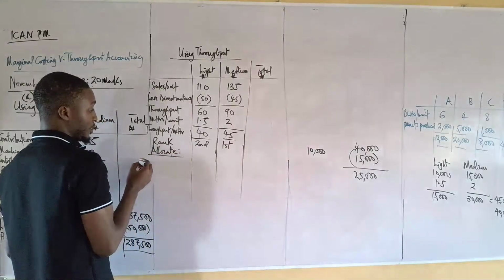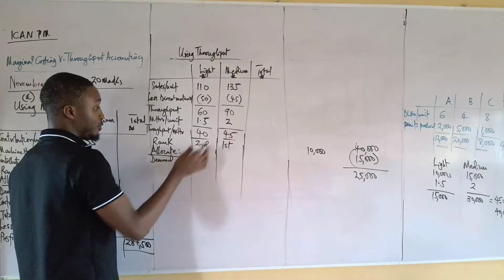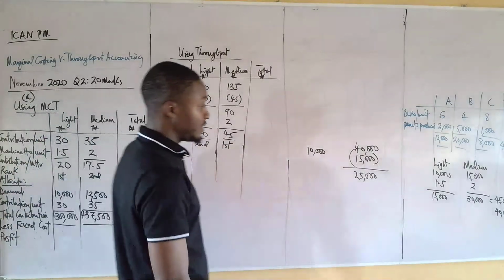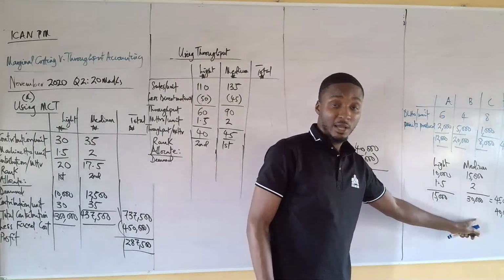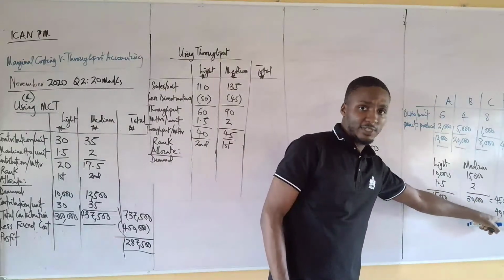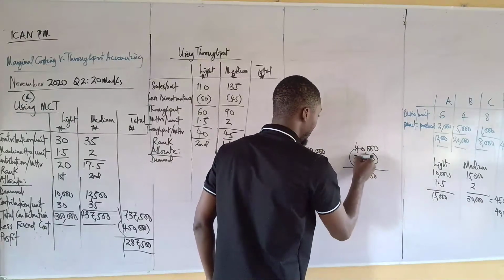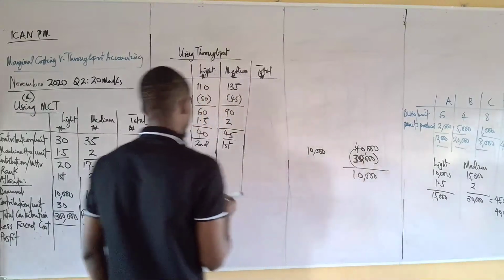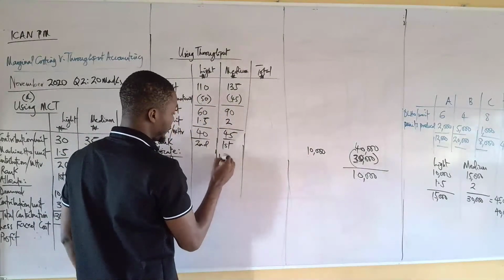So if we are allocating based on the ranking, we first meet which one? Medium, and for medium we need 15,000 units, giving us a total of 30,000 machine hours. We have up to 40,000. So when we remove 30,000 from here, we have how many left? 10,000.